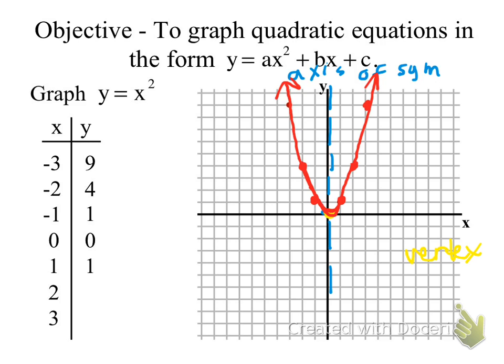Now, the critical features that you must have every time you're graphing. You must have your vertex. You have to have an axis of symmetry. Yes, I want them labeled. You need a y-intercept.